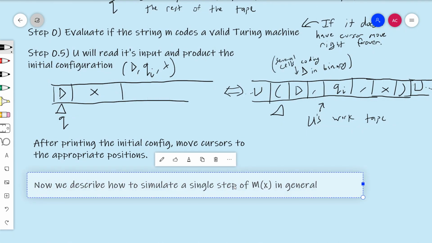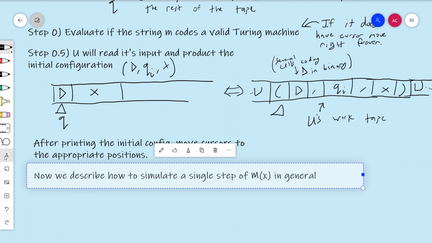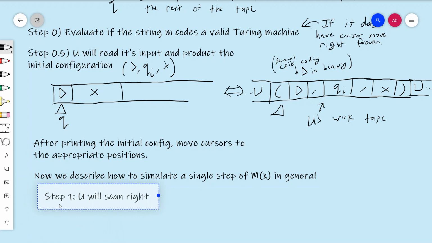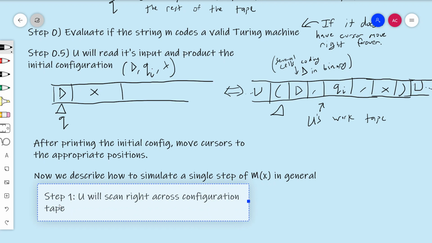So now we describe a single step. So here's the stuff. Step 1: you will scan right across the second tape, which I'm going to call the configuration tape, until finding the binary description of a state.